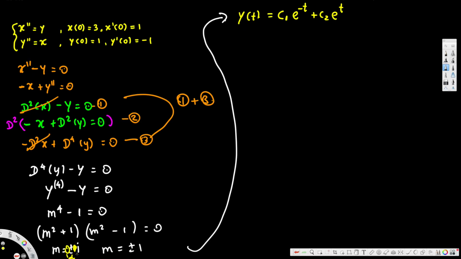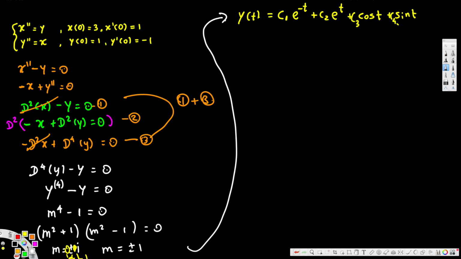So e to the power alpha t means e to the power 0 is 1, so we don't have to write that part. We just have to write cos beta t and sin beta t. In our case, beta is 1, so this is going to be c3 cos t plus c4 sin t. Now we found y of t.